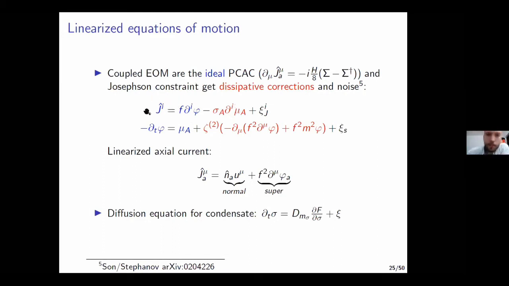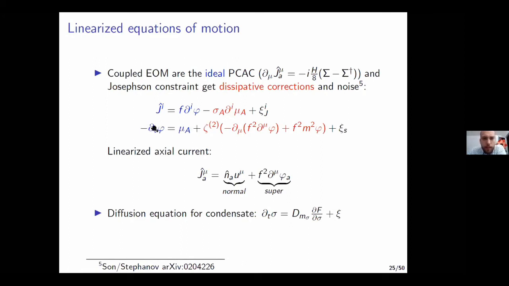So the ideal part is given here. So you just have the J_i given by a gradient in the phase. But if we add dissipation, we'll have some gradient also in the chemical potential. And we add some noise to balance this dissipation following the fluctuation dissipation theorem. And also this Josephson constraint, which is written now in the linearized regime.